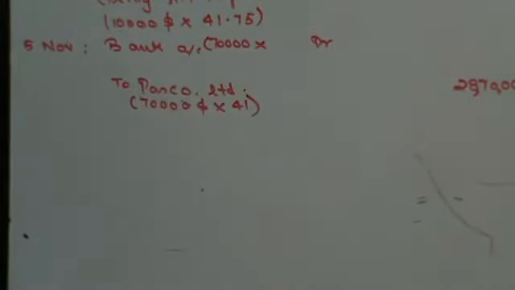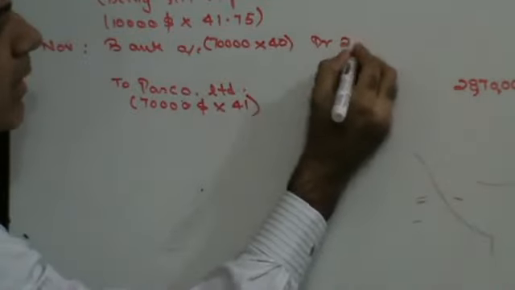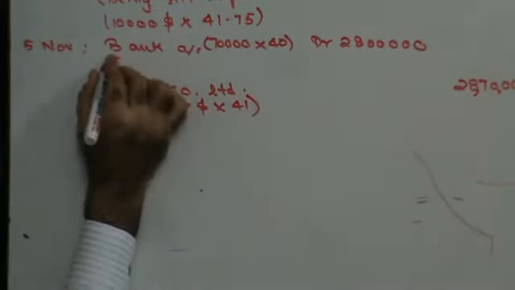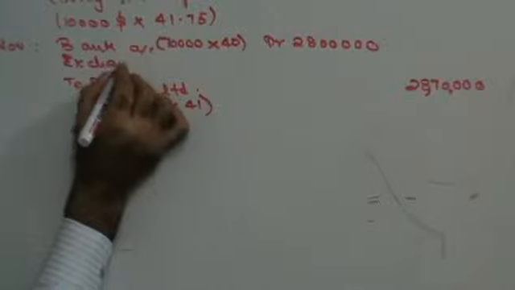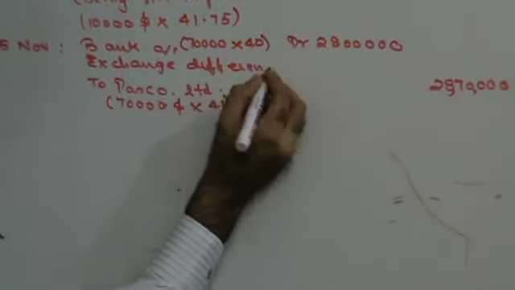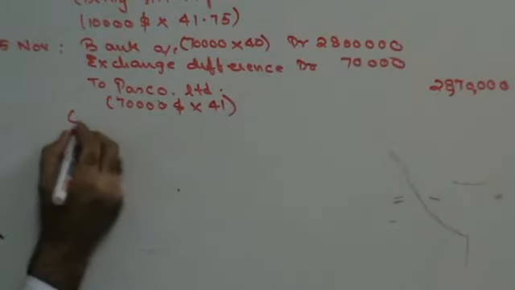On the date of payment, 5th November, the rate is 40, that is 28 lakhs. The difference is called exchange difference. Debit 70,000, being payment received.